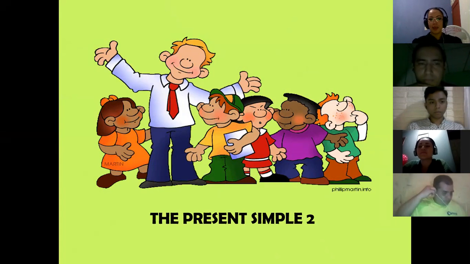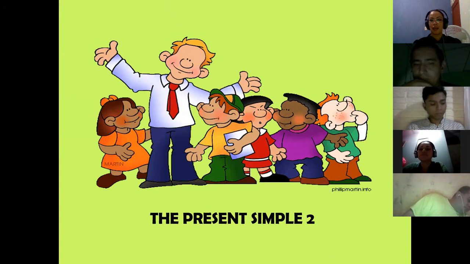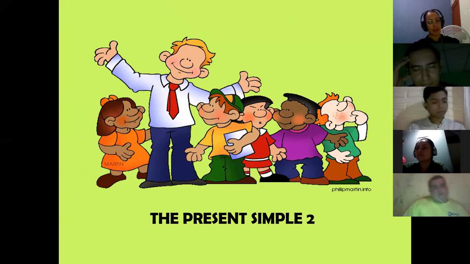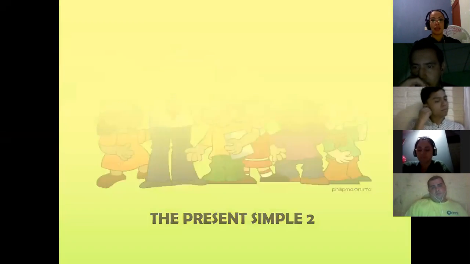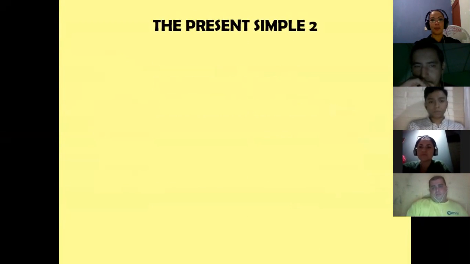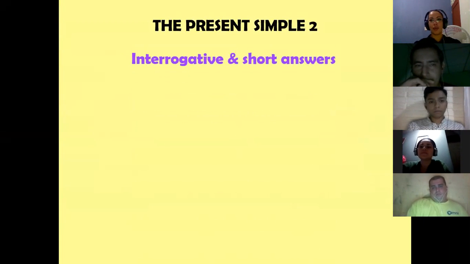Okay, we're gonna continue with the second part of the simple present or present simple, which is the same. In this part, as you can see, we're going to study about interrogative and short answers.